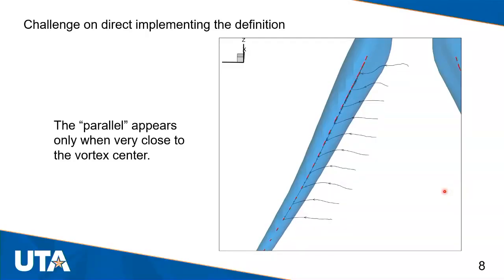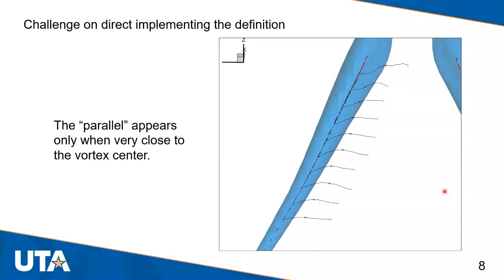The definition is very clear, and it was first proposed in 2019, but for a long time we haven't found a good algorithm to automatically find the Liutex core lines. So what are the challenges in directly implementing the definition?